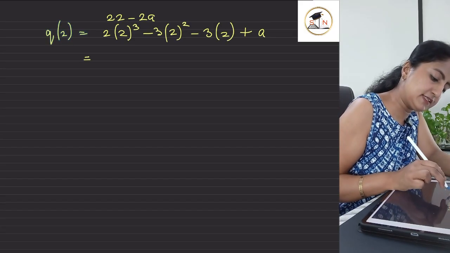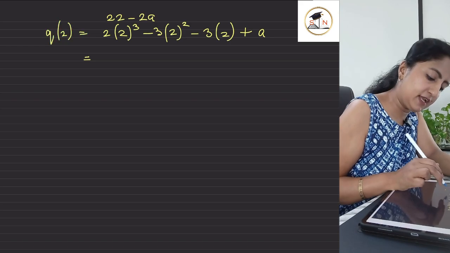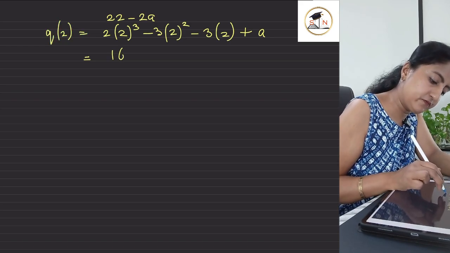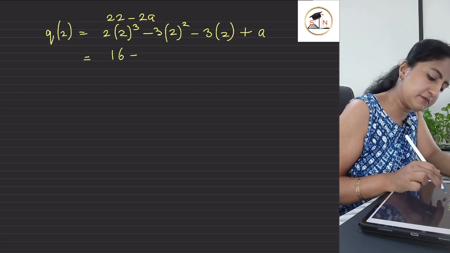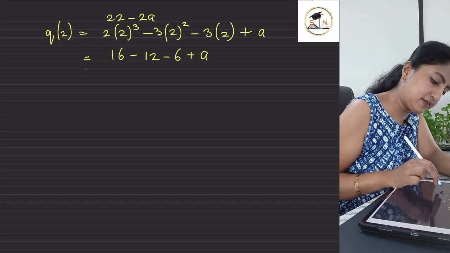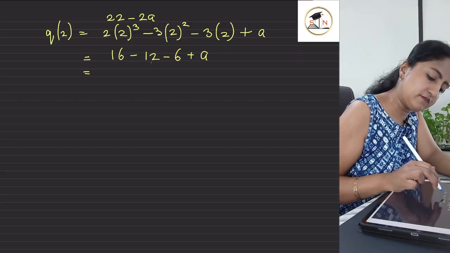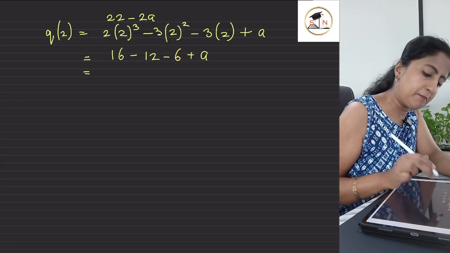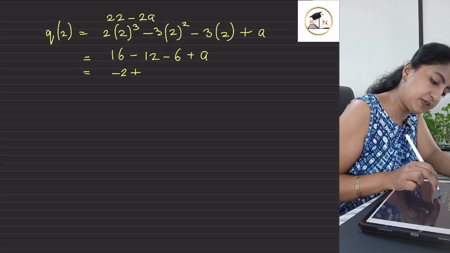On simplifying this, 2 cube is 8. 8 times 2 is 16. 2 square is 4. 4 times 3 is 12, minus 6 plus a. So that results in 16 minus 12 is 4. 4 minus 6 is minus 2. We get minus 2 plus a.